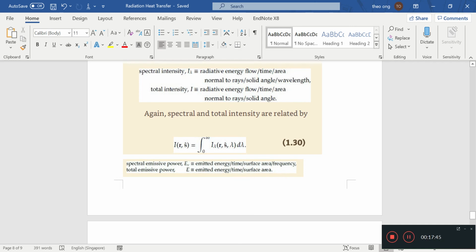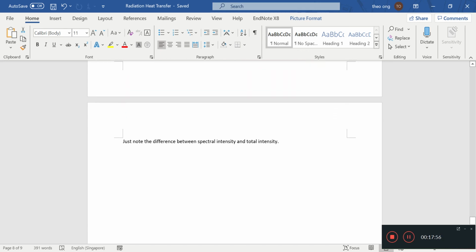Just to recap, the emissive power is integrating the intensity over all solid angles, because now you split this across all solid angles.